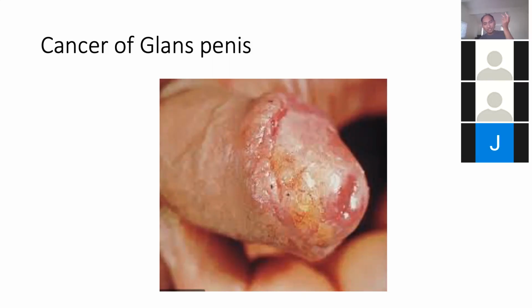But for the scrotum, it will go to the superficial inguinal nodes, and then might go to the deep inguinal nodes, and then gradually progress upwards. So be a little bit careful, because if somebody has a cancer here, we might not be able to feel the lymph node, because it is a deep inguinal node. It is pretty deep, so we might not be able to feel it.